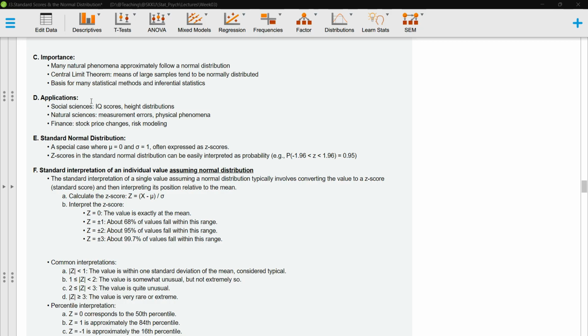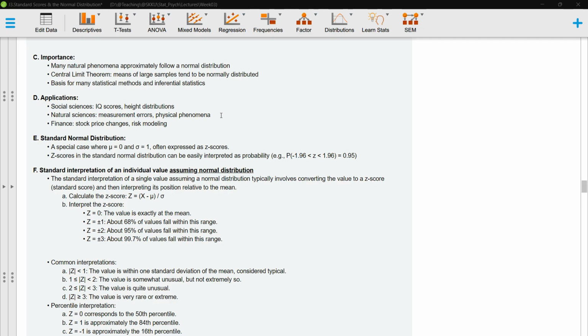And there are many applications in science, mathematics and statistics. For example, in social sciences, IQ scores are typically assumed to be normally distributed, and the height distribution of individuals is approximately normal. In natural sciences, measurement errors presumably follow the normal distribution, and there are many physical phenomena that follow a normal distribution.